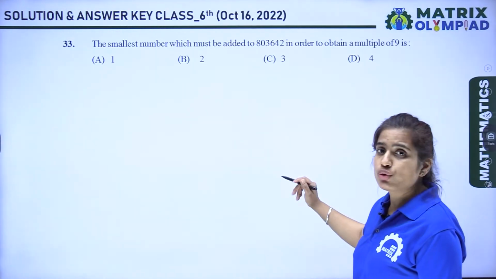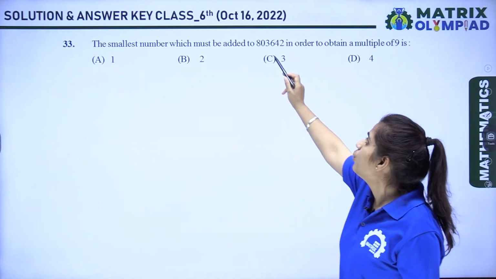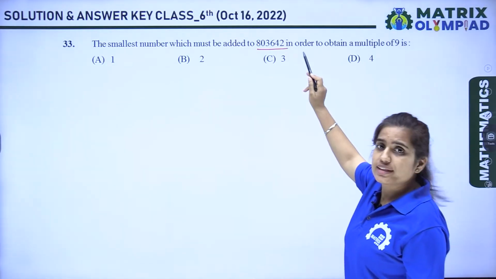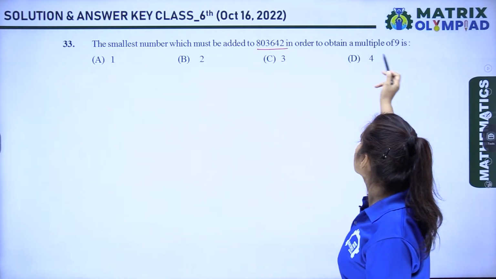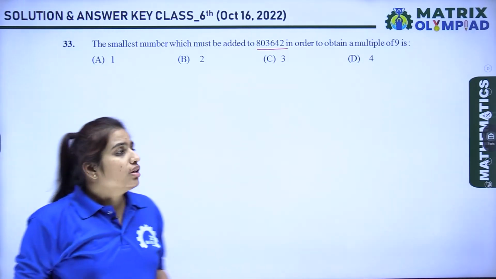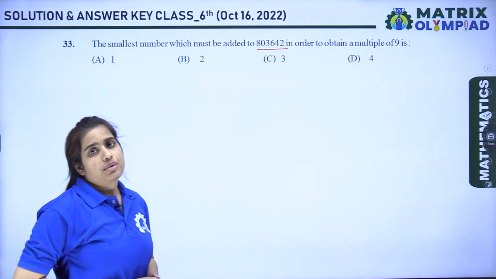Now the next question is: the smallest number which must be added to 8,03,642 in order to obtain a multiple of 9. Now we have to find the number to be added to the given number to obtain a multiple of 9.